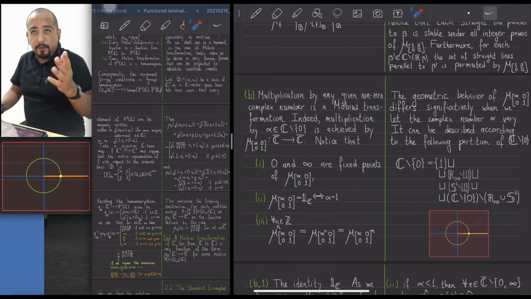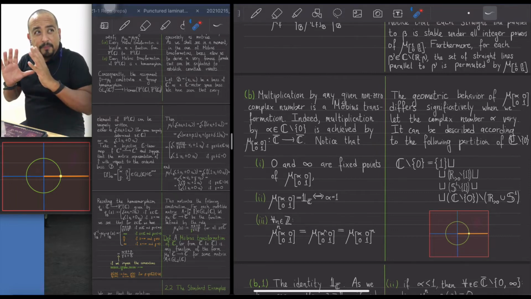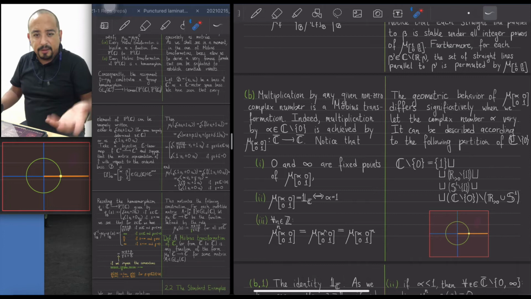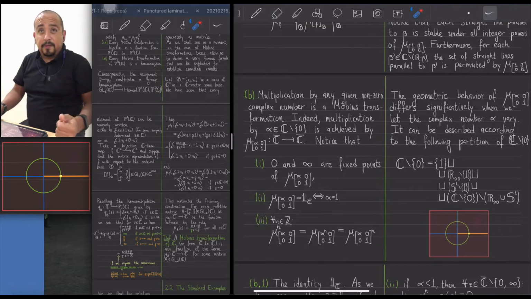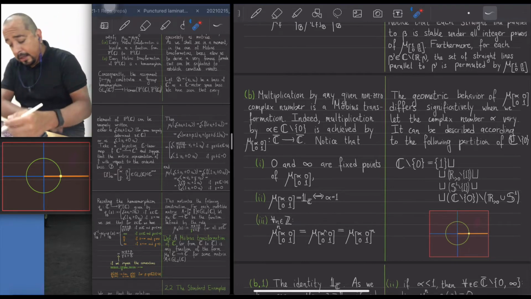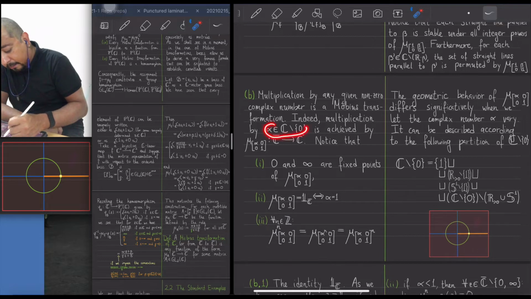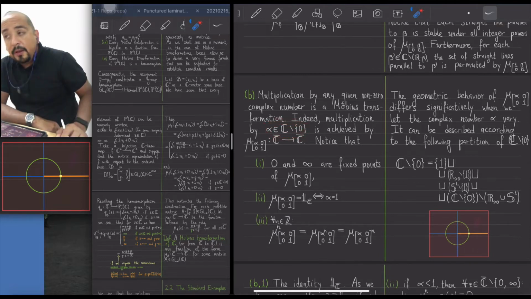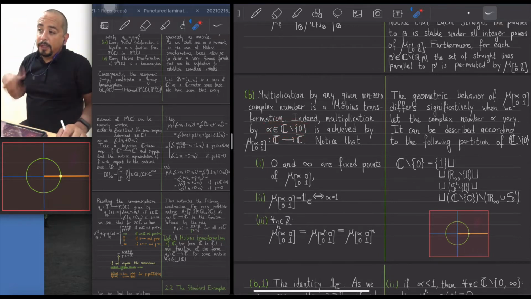Polynomials of the form alpha z plus beta. We already saw that translation is a Möbius transformation. So the next obvious one is just multiplication by a complex number. Multiplying by 0 is of course far from being bijective. So take a non-zero complex number alpha and consider the function multiplication by alpha.